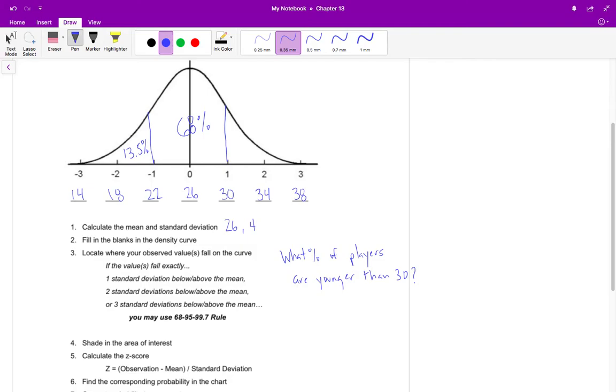Okay, now I could keep going section by section and figuring out, okay, what's between 14 and 18 and what's below 14. Some of you are probably thinking to yourself, well, why are we making this more difficult than it has to be? Okay, couldn't I just say, if this is the middle, this is symmetric right here where 26 is, isn't less than 26 50%?